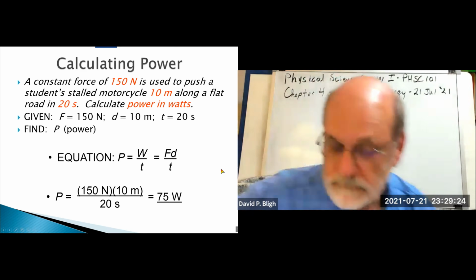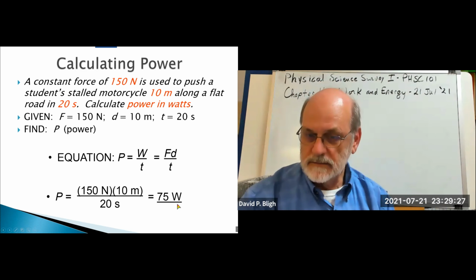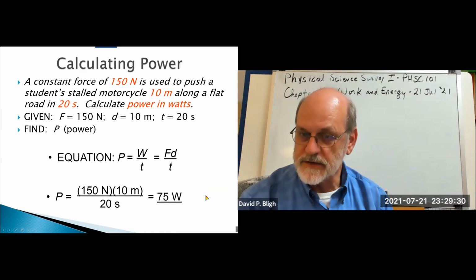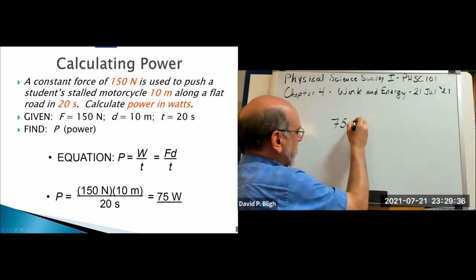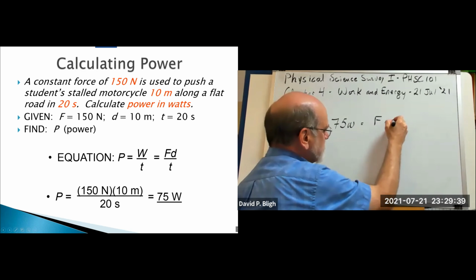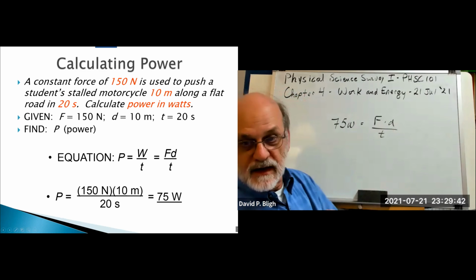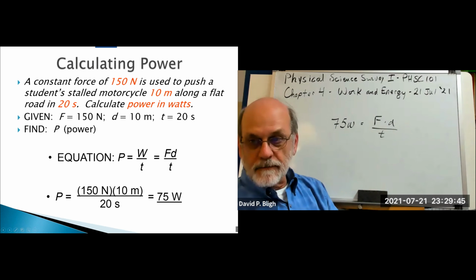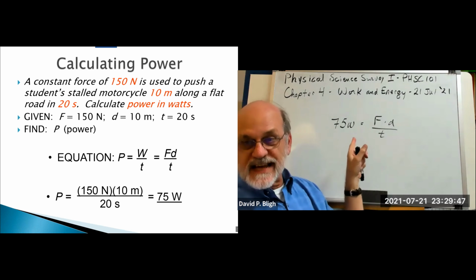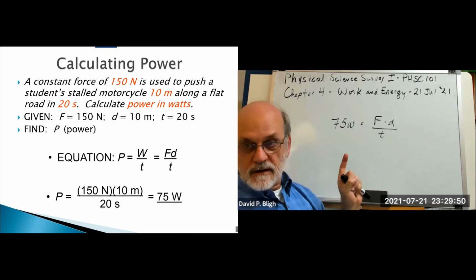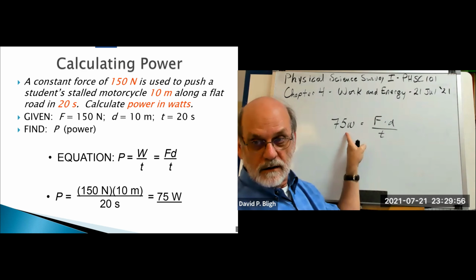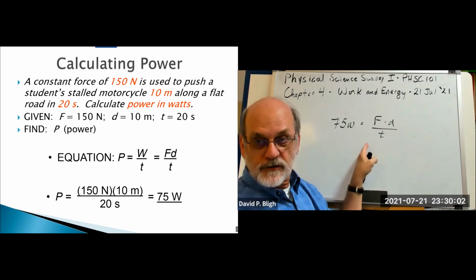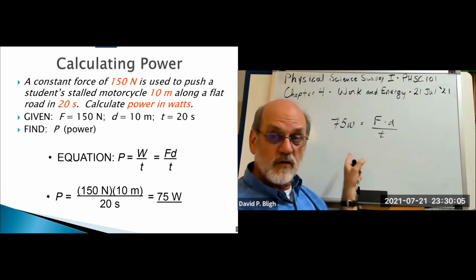Now, remember that this is derived from a formula: power is equal to force times distance divided by time. So if we want to get there in 10 seconds instead of 20 seconds, how much power do we need? We need twice as much power. We need 150 watts to apply 150 newtons through 10 meters and get there in 10 seconds instead of 20.